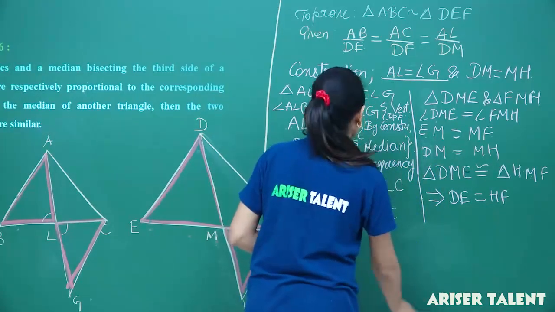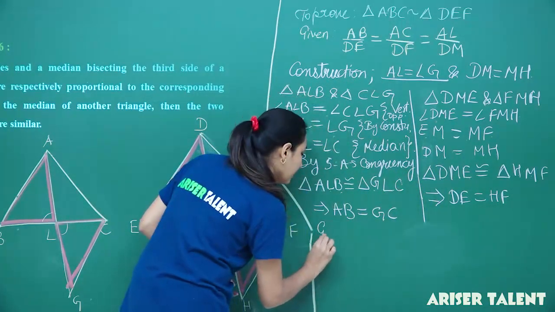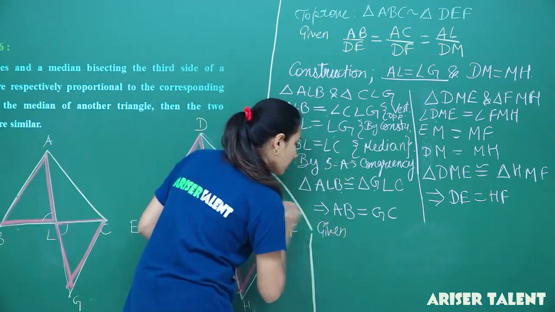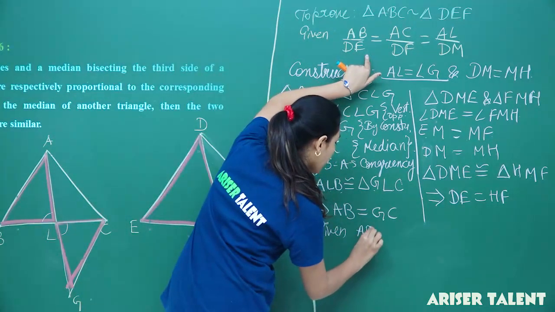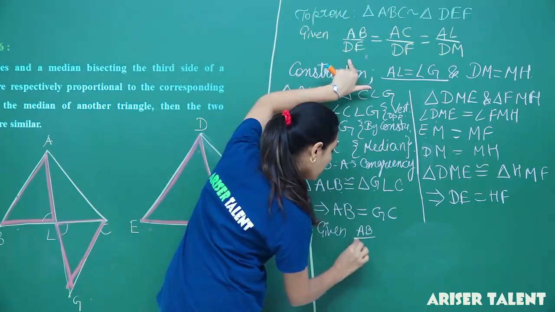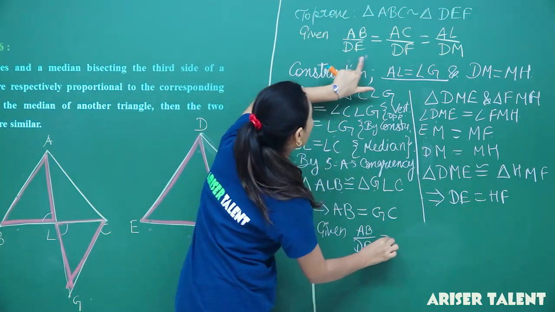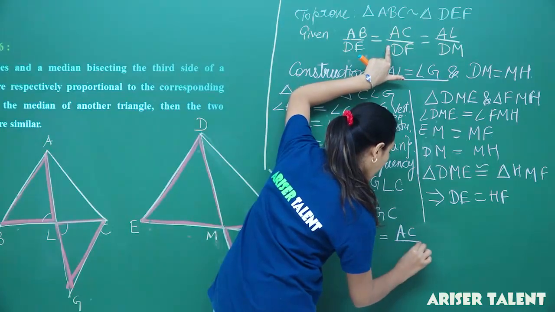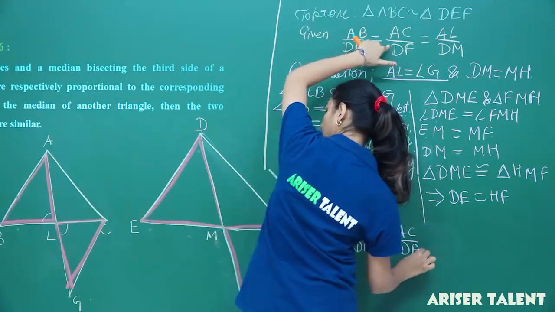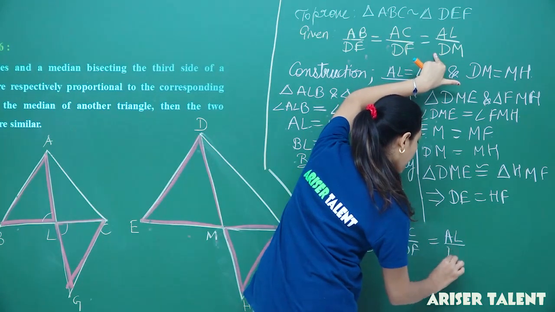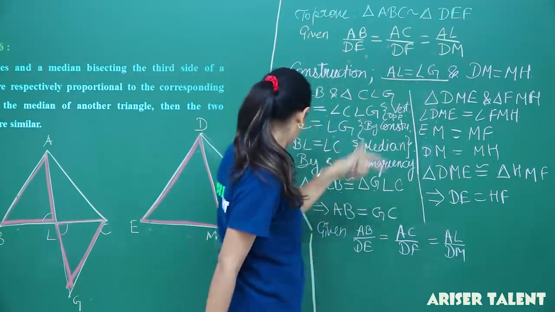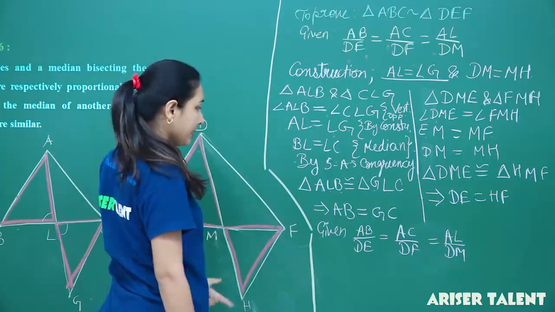Now the given: AB by DE equals AC by DF equals AL by DM.